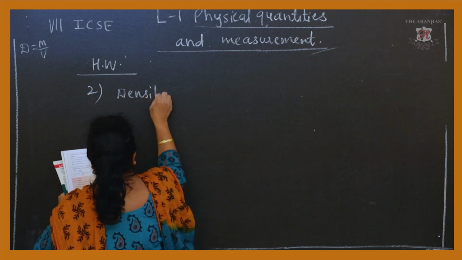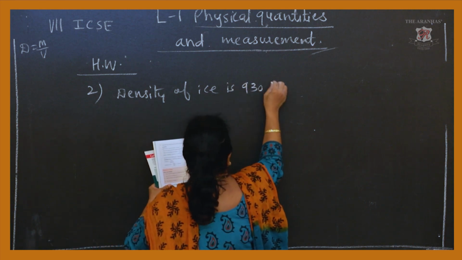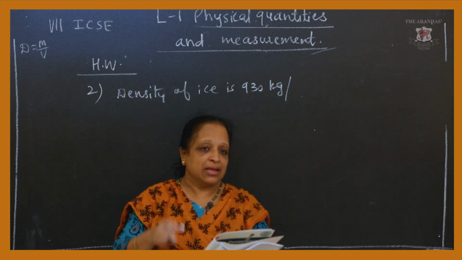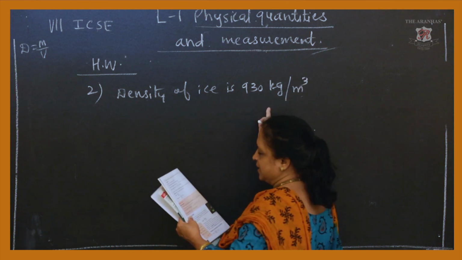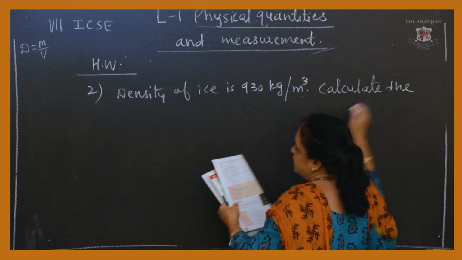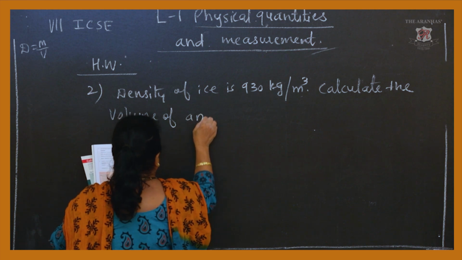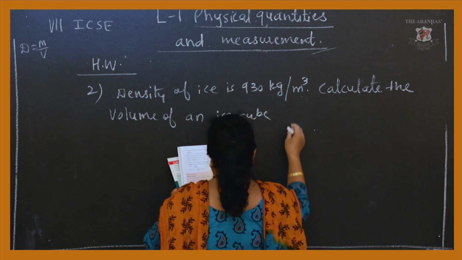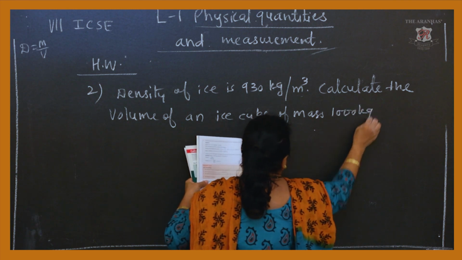Density of ice is 930 kg per, if it is kg, then what will it be? Kg per cubic meter, or meter cube, because this is in kg. And then you have to calculate the volume of an ice cube of mass 1000 kg.